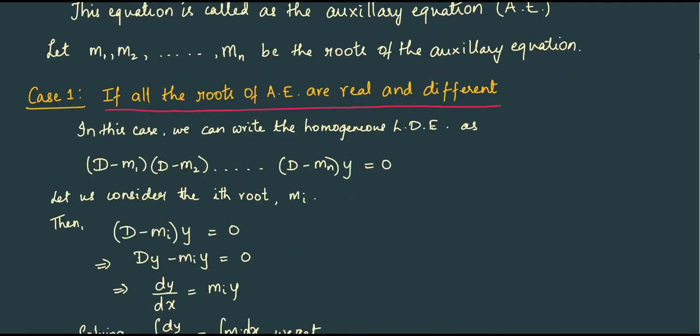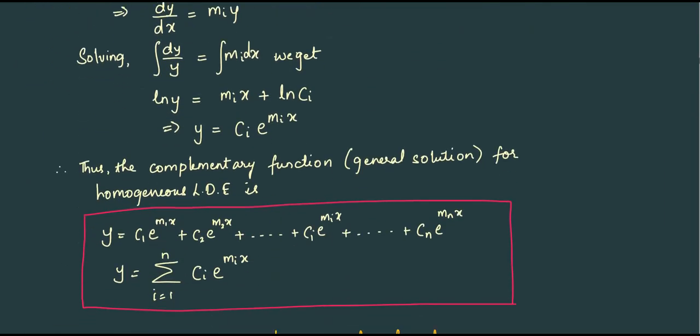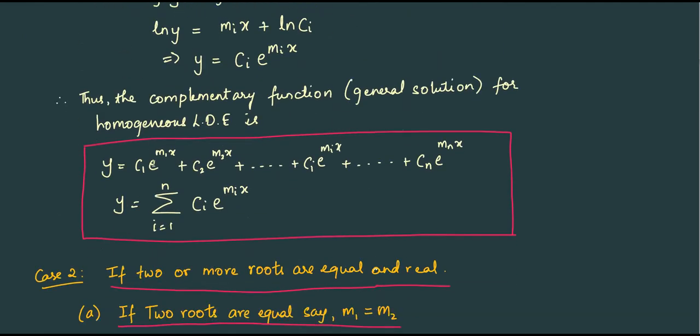This has n roots, and now the cases are that when all roots are real and different, let's say there are n roots of the auxiliary equation m1, m2, up to mn, then y is c1 times, so the functions are y1 is e power m1x, y2 is e power m2x, yn is e power mnx, and c1, c2, c3 are the arbitrary constants.